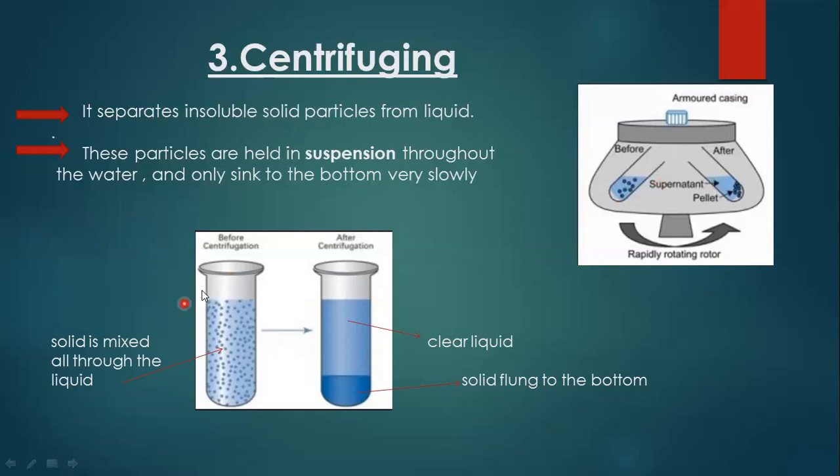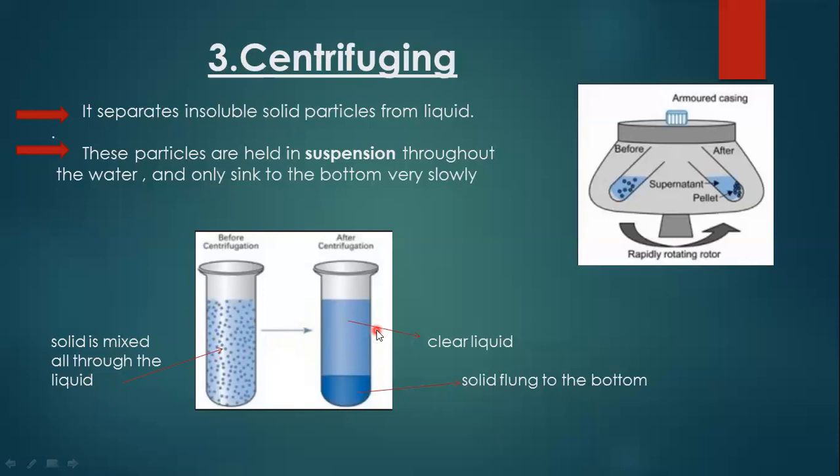Have a closer look over here. On this side of the picture, you can see that this is before centrifugation, where you can clearly see that solid is mixed all through the liquid. You can see here the suspended particles of this insoluble solid in the liquid. After centrifugation, you can see that all the solid sinks to the bottom and clear liquid is shown here.